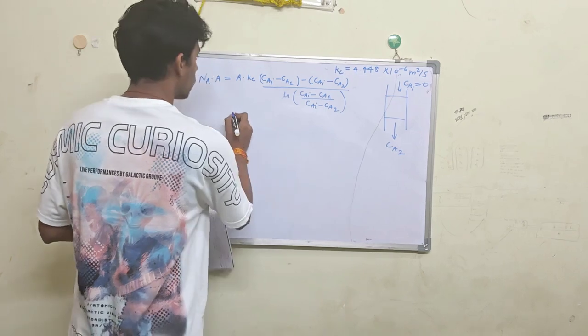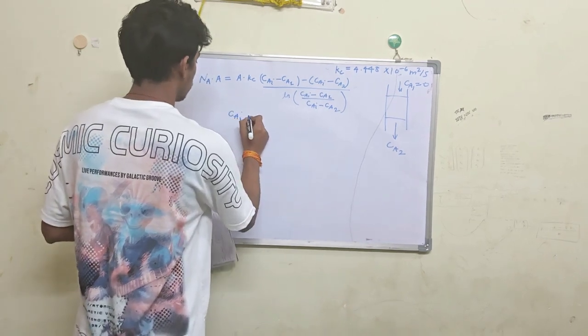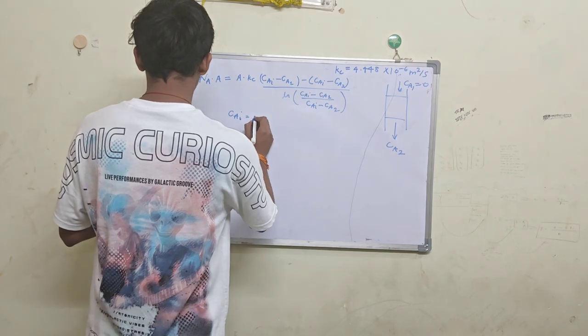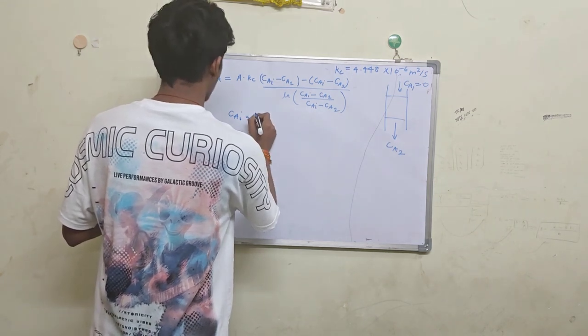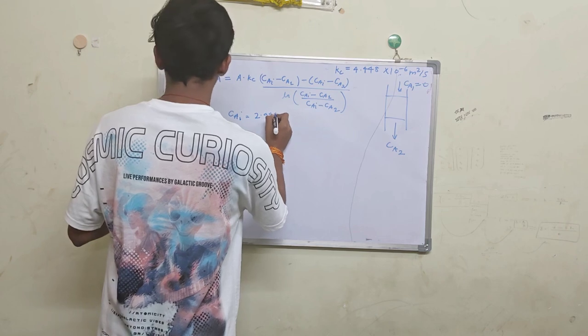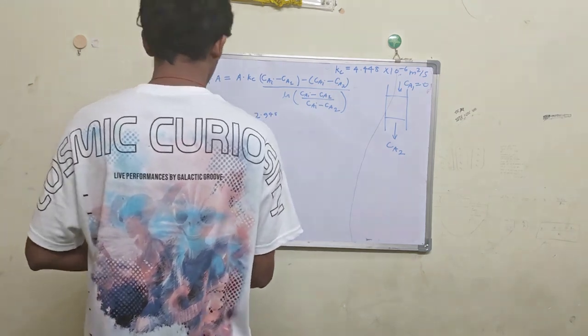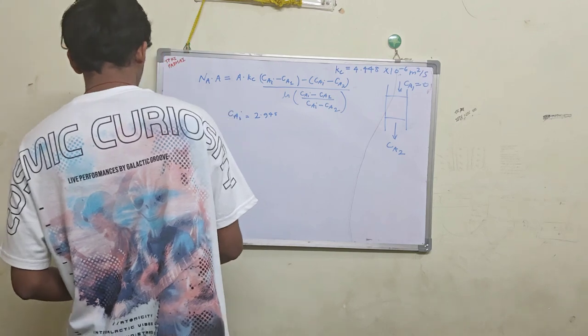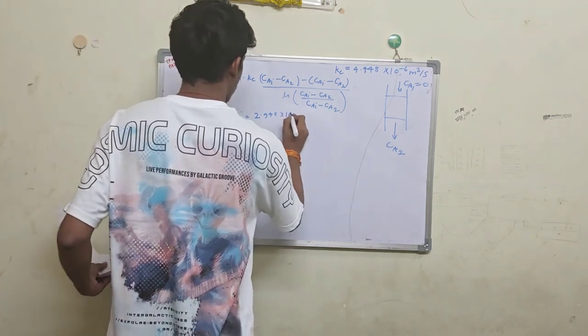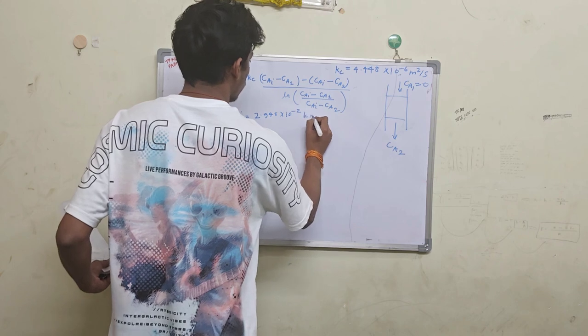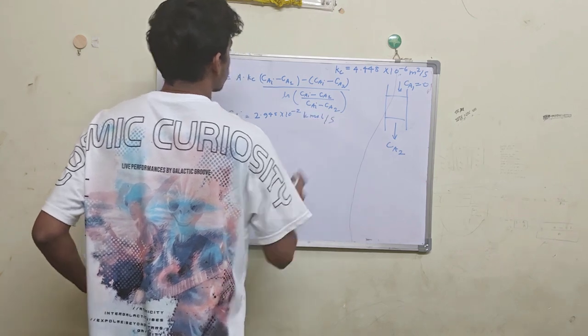You might have noticed that CAi was 2.943, have to check once, into 10 to the power minus 2 kilomole per meter cube.